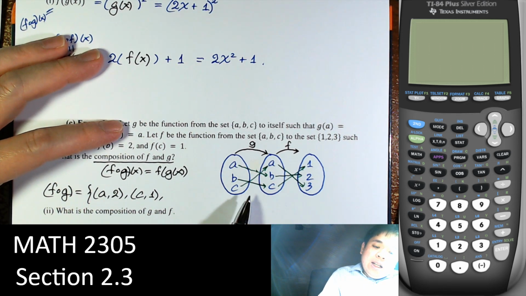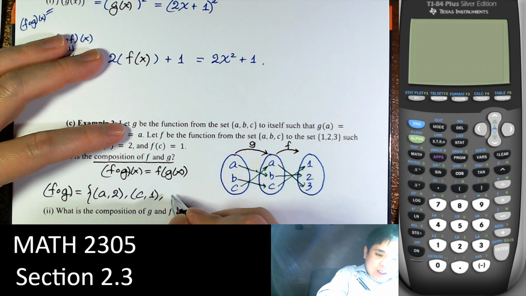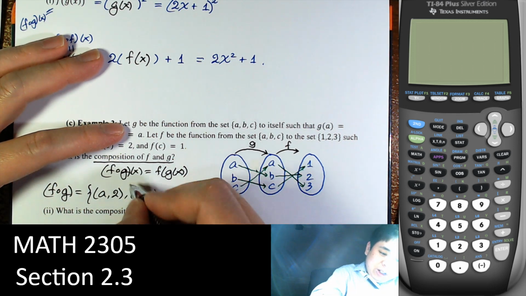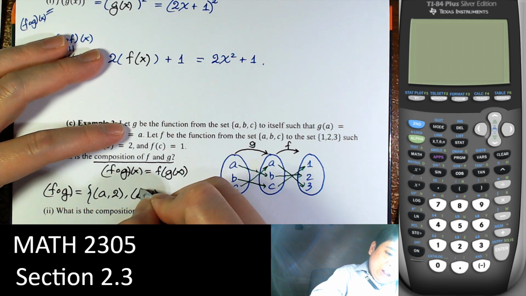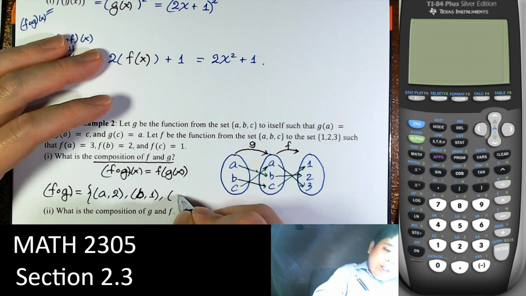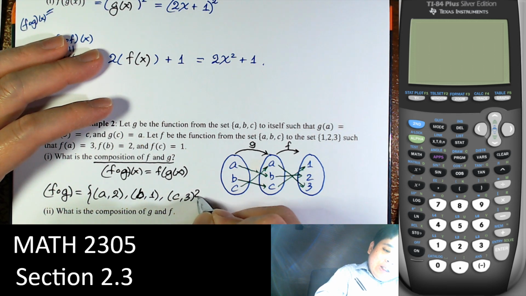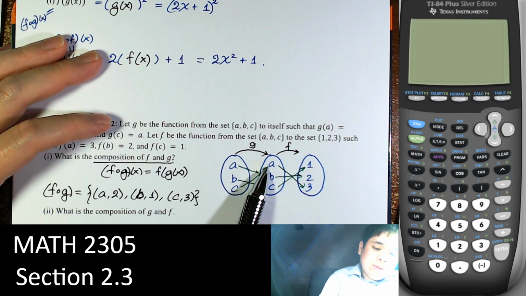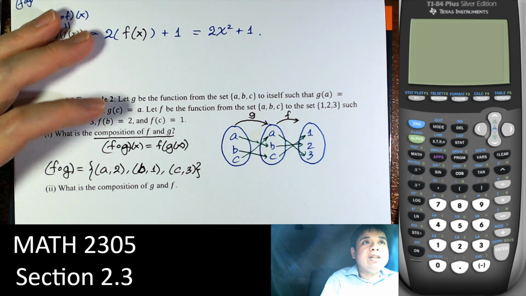I'm sorry, b to c, then c to 1. So this should be b. And then c to a and a to 3. So c, 3. Right. So that is the function.